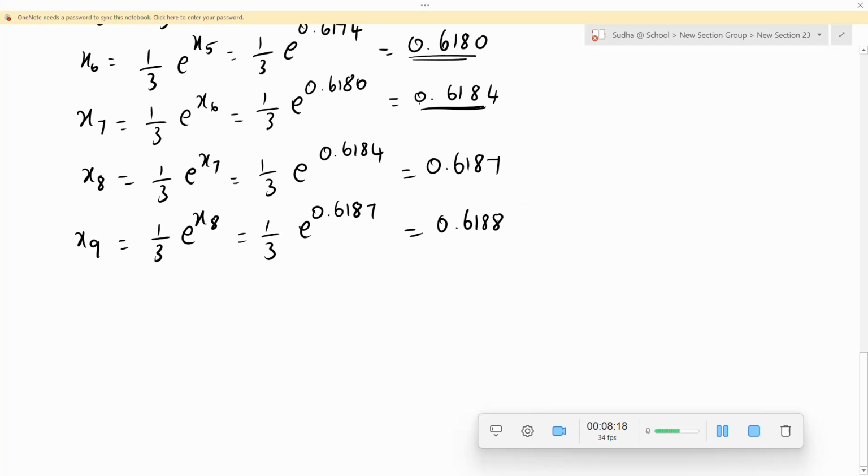We get 0.6188. Let's find x10, 1 by 3 e power x9. So 1 by 3 e to the power x9 value 0.6188.